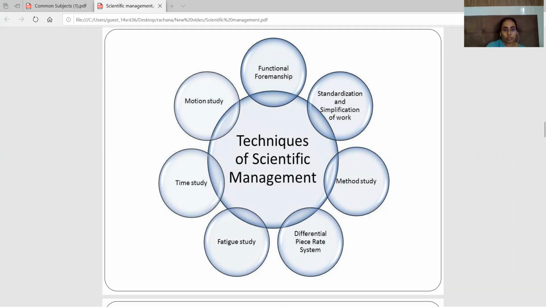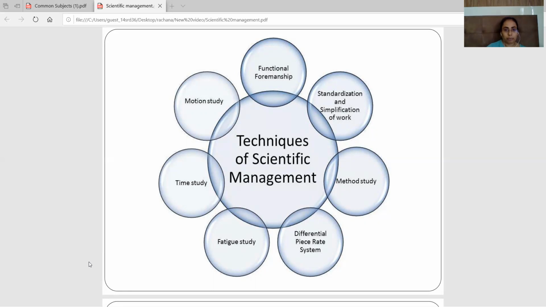What is functional foremanship? It is a factory administration system that supports numerous foremen in separate functional roles. Functional foremanship means every individual function needs to be supervised by a different supervisor, so that every supervisor or foreman becomes a functional foreman.